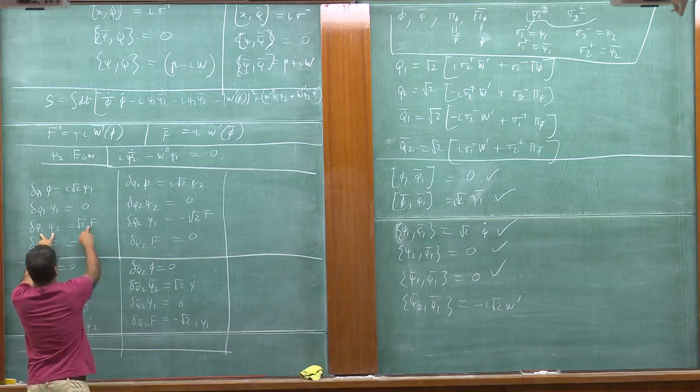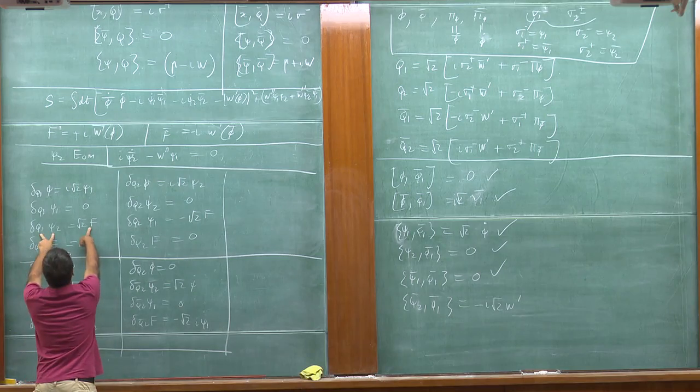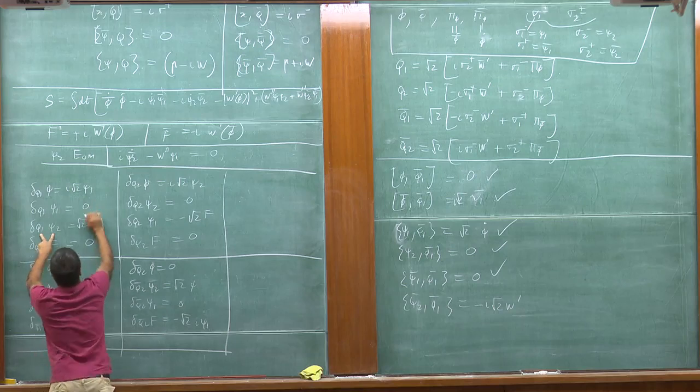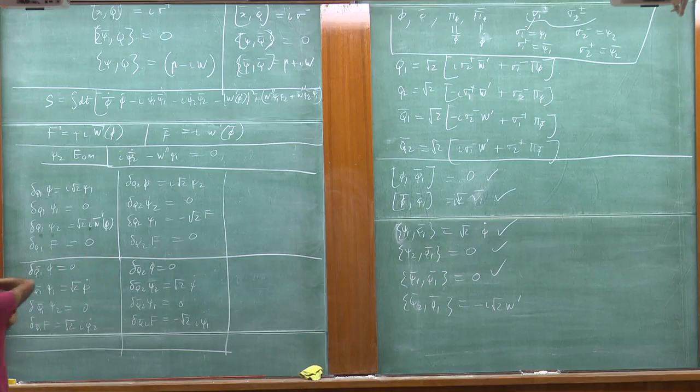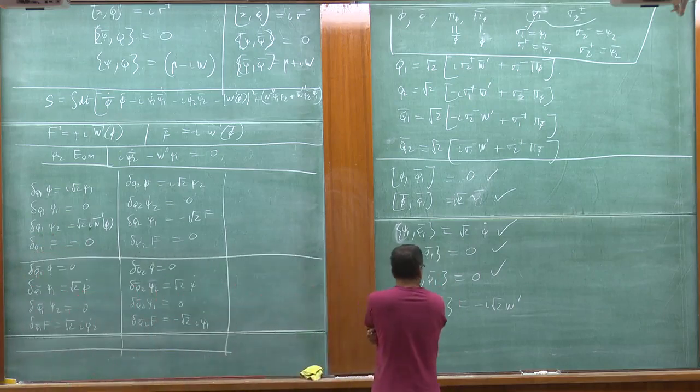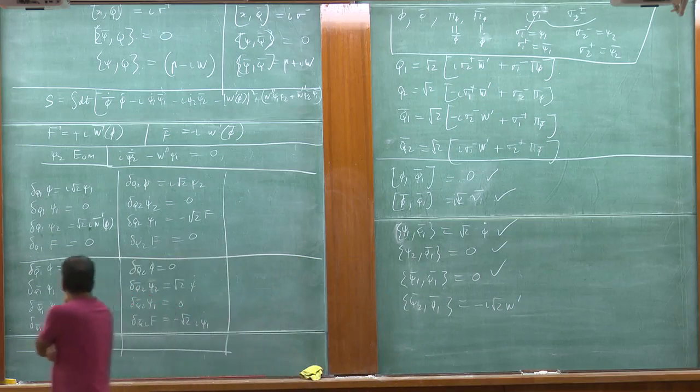Maybe I should just replace this F with what it is. F here is I w bar prime phi, and then bar of that, not working, minus. You're right, I'm only allowed to use this bar rule when there are F's. I'm sorry, you're right.